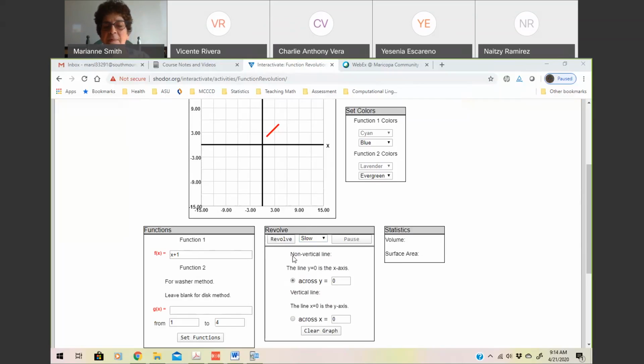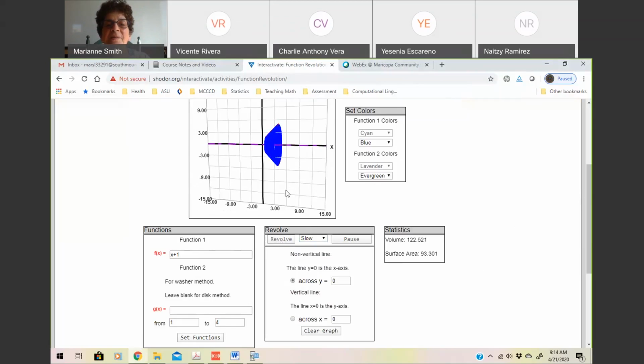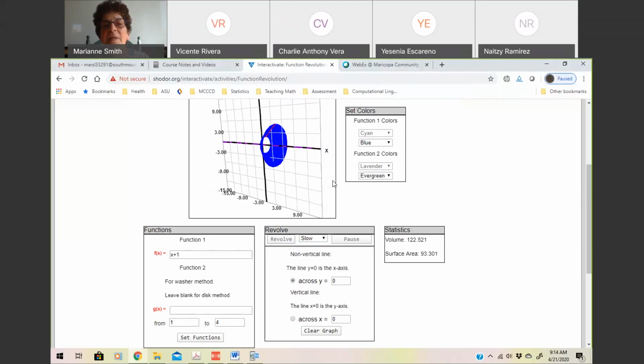Now I'm going to hit the revolve button, and you should see it revolve slowly around the x-axis. See, it's going around. And it's difficult, but that leading red line is the function. Then I can turn this slightly and you can see what it created.